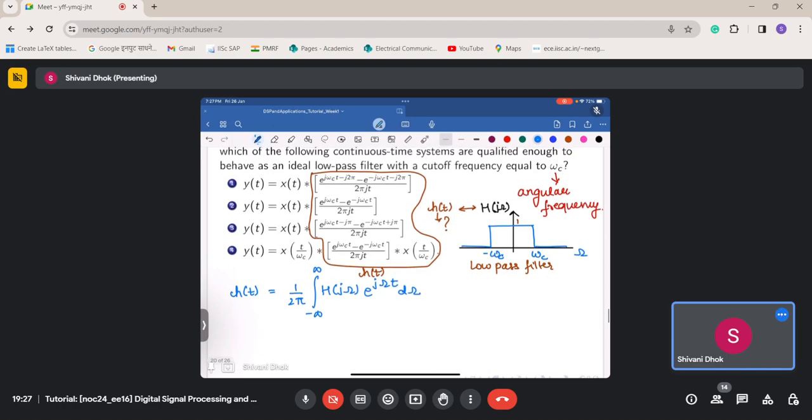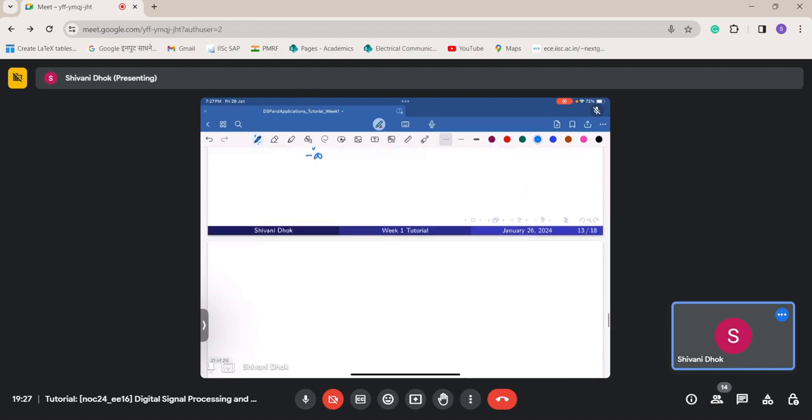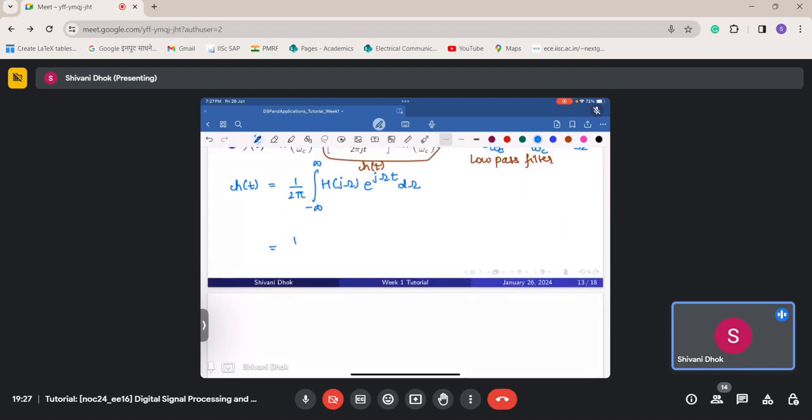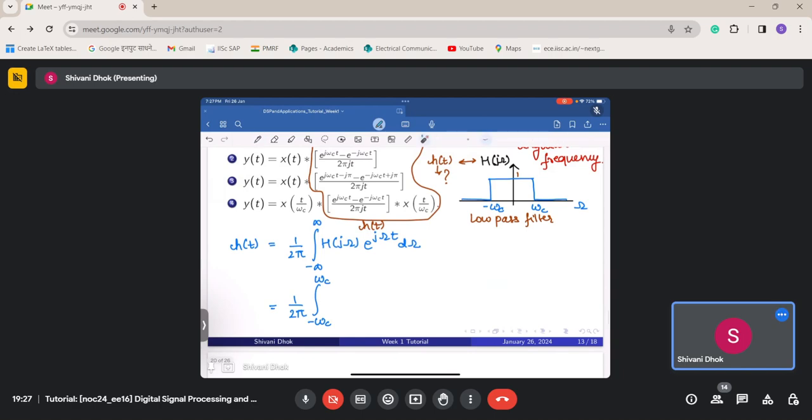Now here h of j omega is non-zero only in the duration minus omega c to omega c. So I can write this as 1 over 2 pi, integral from minus omega c to omega c, and in this duration h of j omega is equal to 1, so it is 1 into e power j omega t d omega.